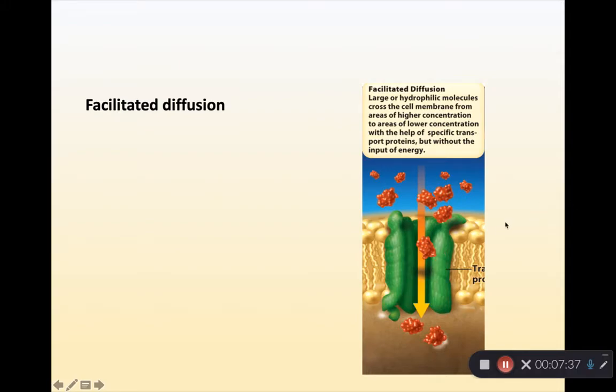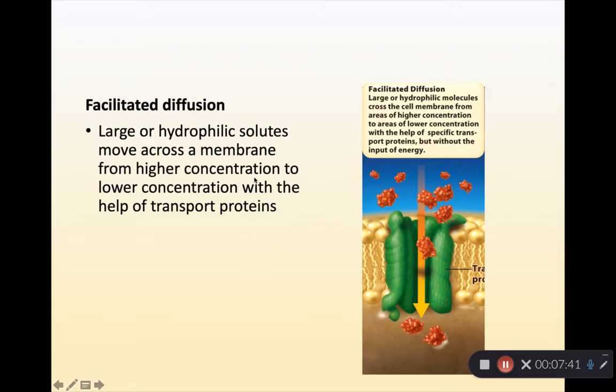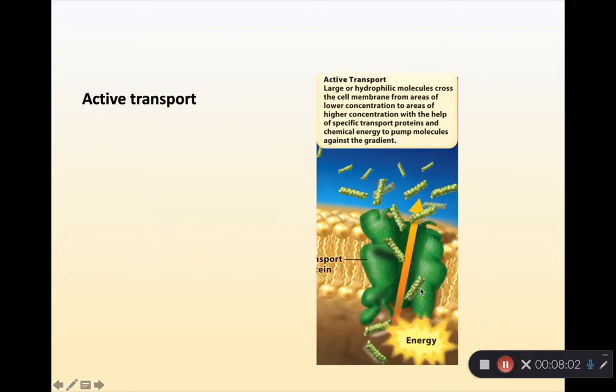So in facilitated diffusion, we have this transport protein, and large or hydrophilic solutes can move across this membrane, again going from higher concentrations to lower concentrations, and it allows these larger molecules to pass through that wouldn't be able to pass through simple diffusion. And this does not require any energy from the cell.